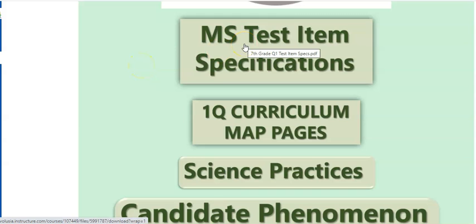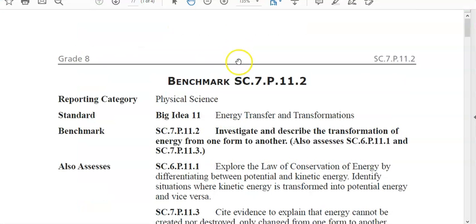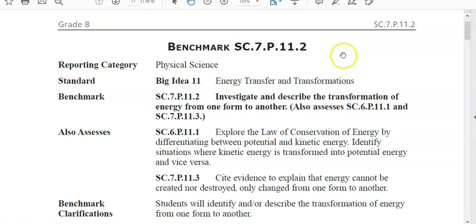Okay, we're going to get started on looking at the test item specifications, particularly for seventh grade in the first 9 weeks. What we have here is the test item specifications pages for only the first 9 weeks. I didn't include the Nature of Science standards, not that they're not important, they're super important.